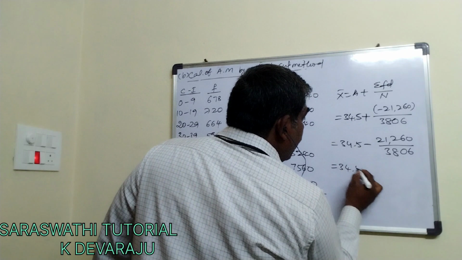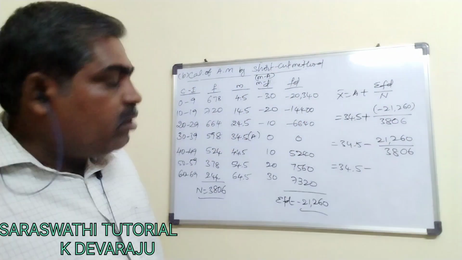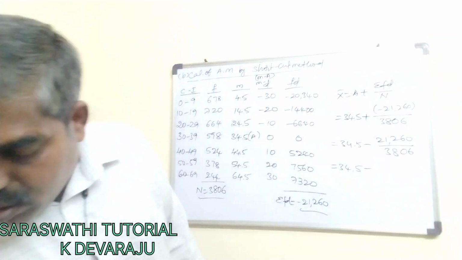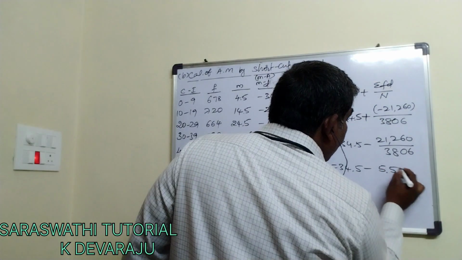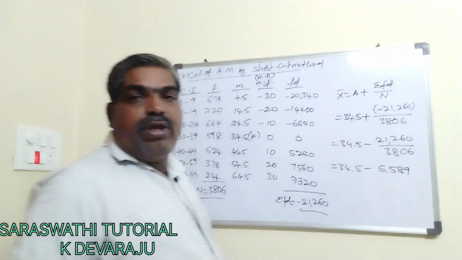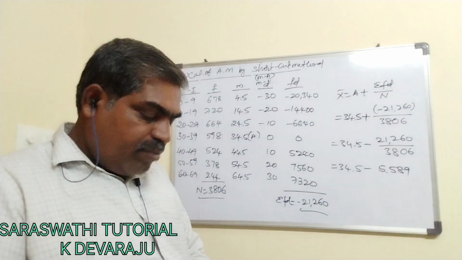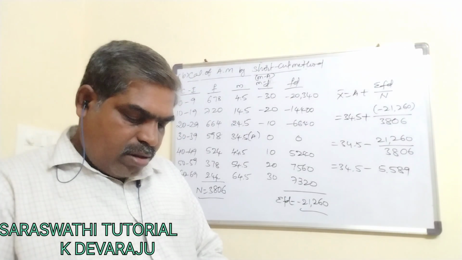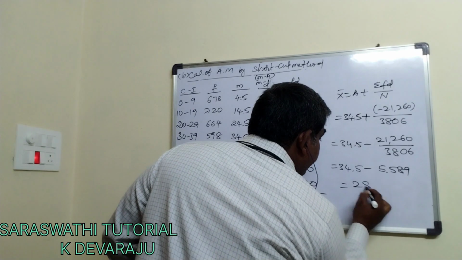First we have to divide: 21,260 divided by 3,806 is 5.589. So 34.5 minus 5.589 will be 28.91.